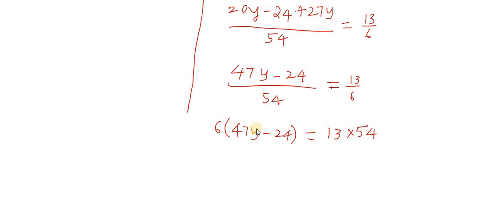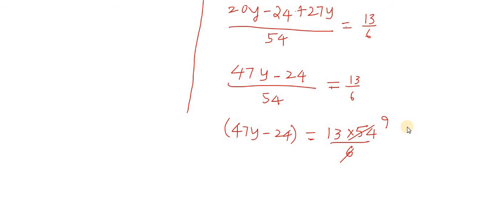So already a 6 is there, we'll keep the 6 here only, so the simplification becomes easy. So here 6 ones are 6, 6 nines are 54.